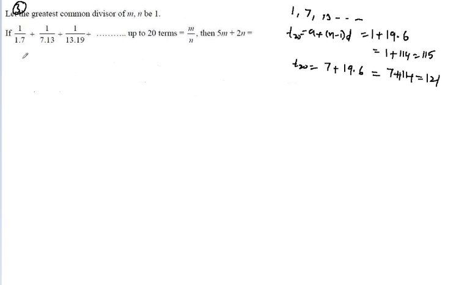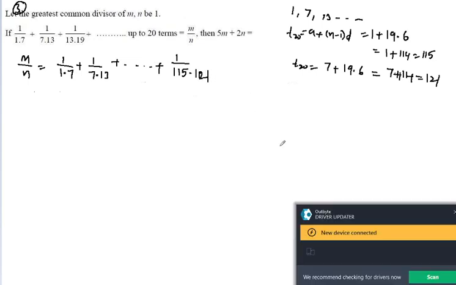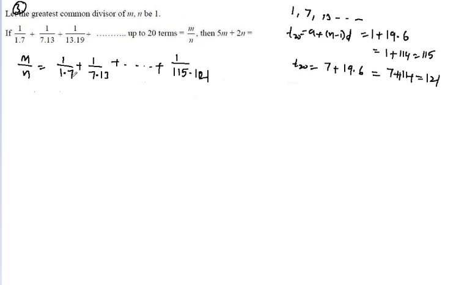Therefore, m/n is equal to 1/(1×7) + 1/(7×13) + up to the last term 1/(115×121). Observe the terms: in each term, the difference in the denominator is 6. Here 7 − 1 = 6, 13 − 7 = 6, 121 − 115 = 6.